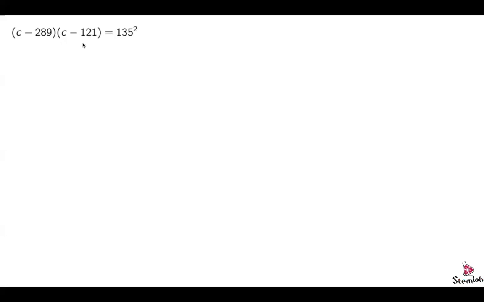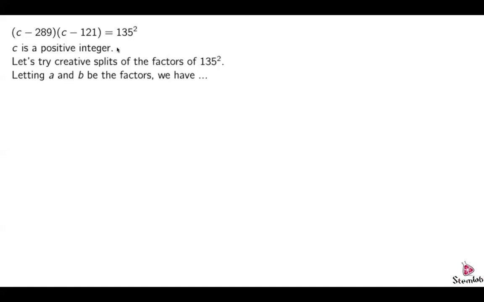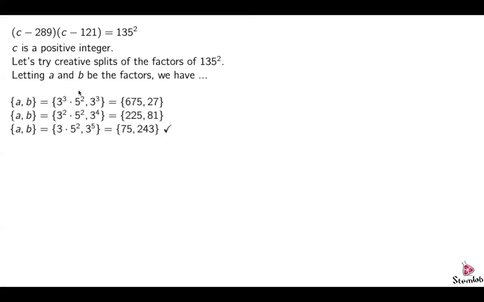We also notice that if they're 168 apart, the 5 squared factor of 135 squared must be together. If they have to be together, there are very few splits. There are actually only 7 possible splits of the two factors, so we can just play around with them and see if we can find one.